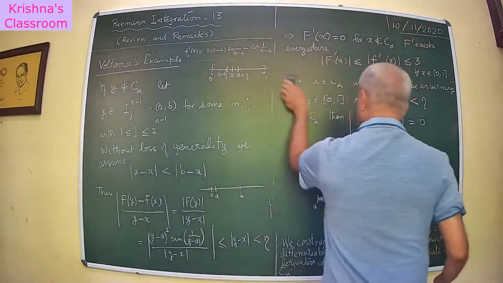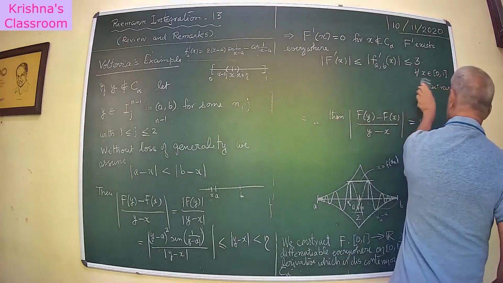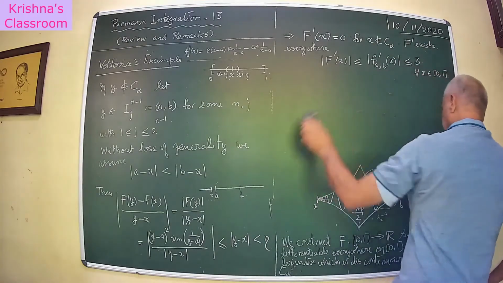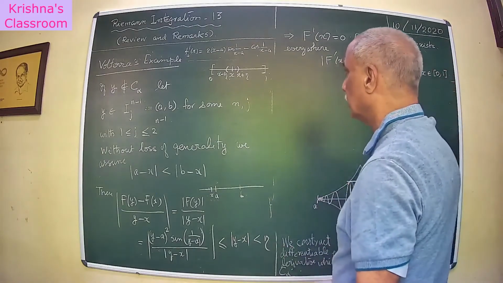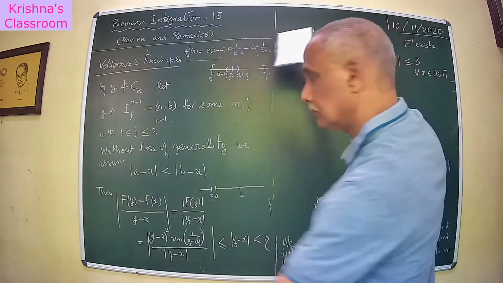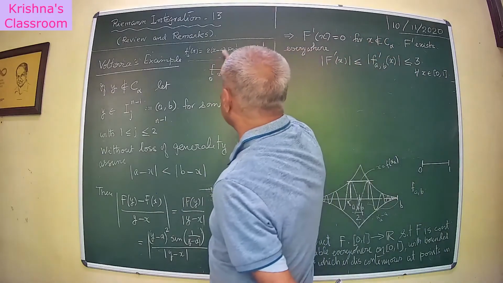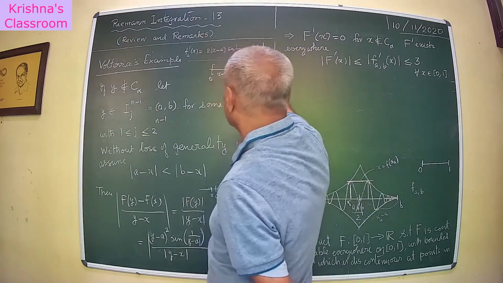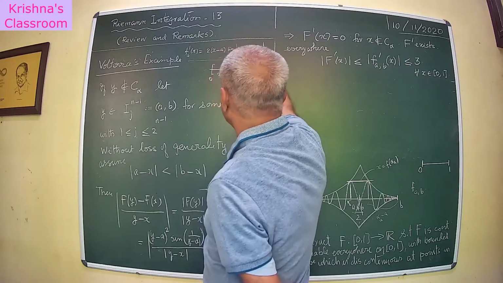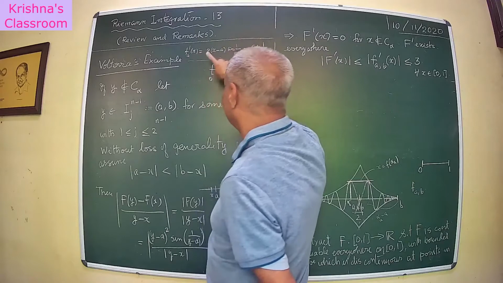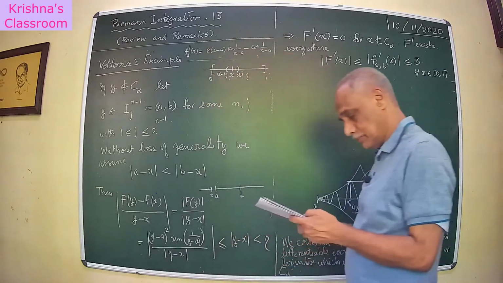Our claim is that this is not continuous at the end point, as it is clear here. Because look at this term. It is not continuous because, as x tends to a, this term goes off to this bounded term, and this oscillates. Therefore, it doesn't go to 0. Okay, so that's the problem.